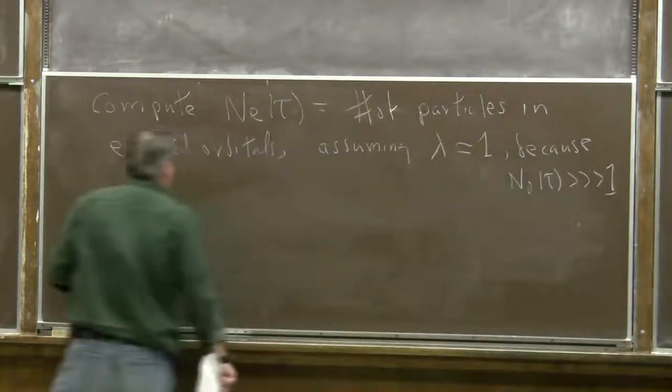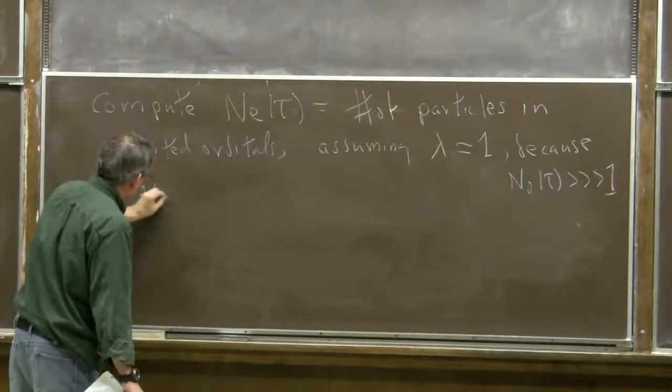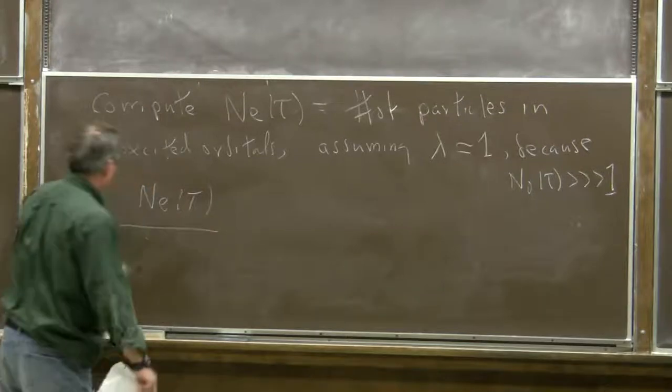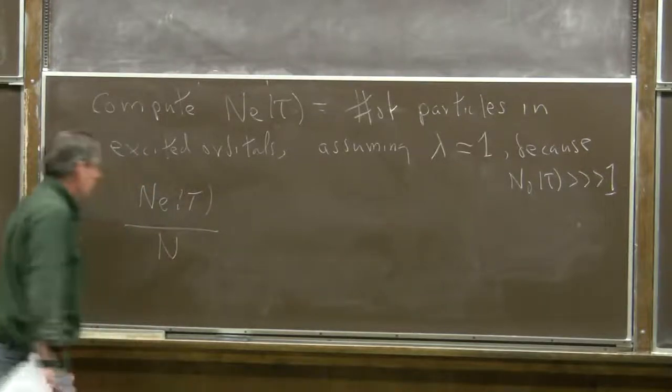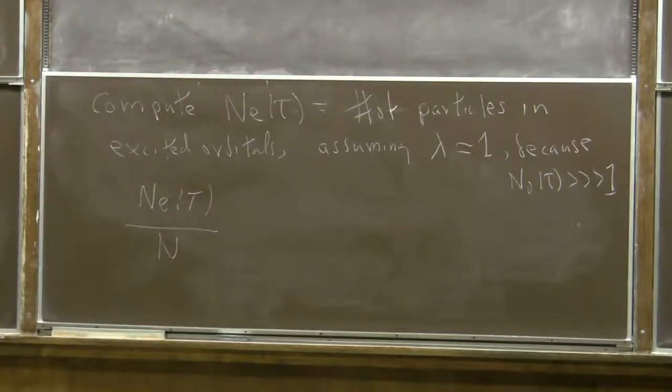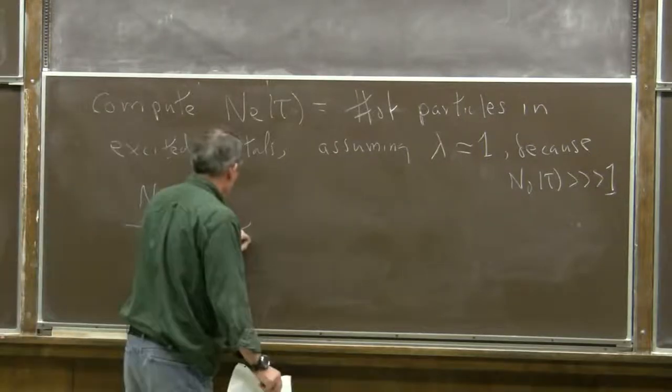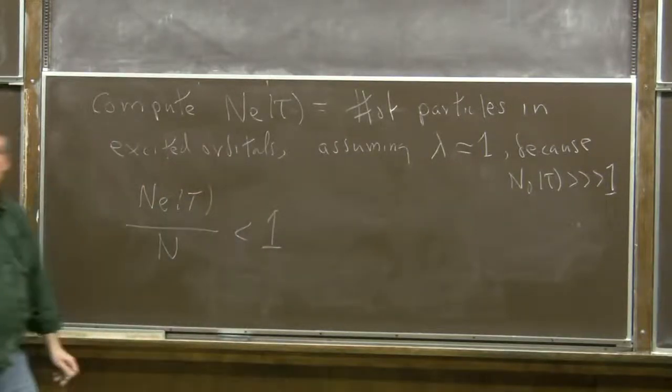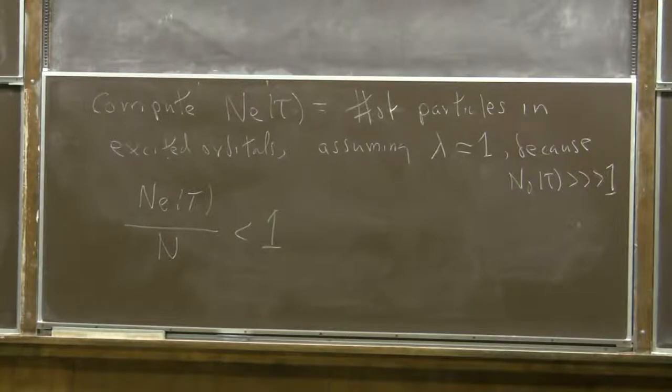And then we should find that the number of excited particles divided by the total number, the fraction that are excited, will be less than 1. So what's left over that's not in the excited orbitals will be the ones in the ground orbital.